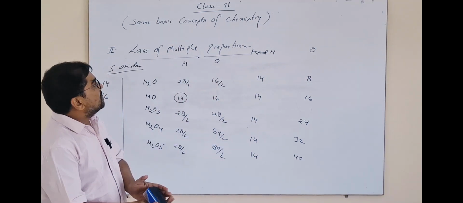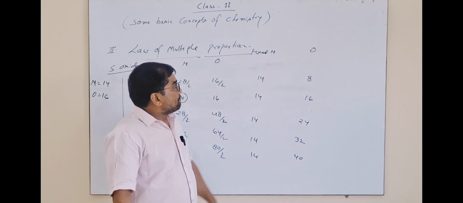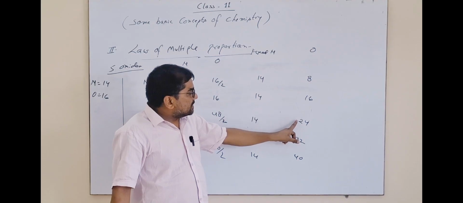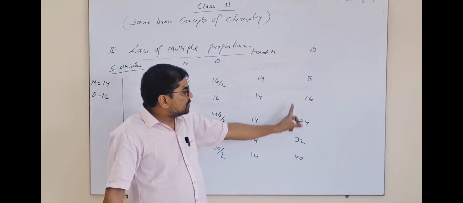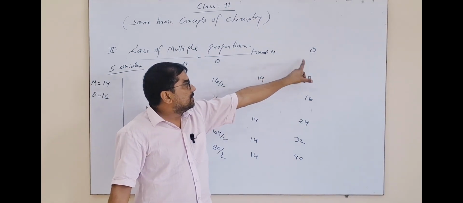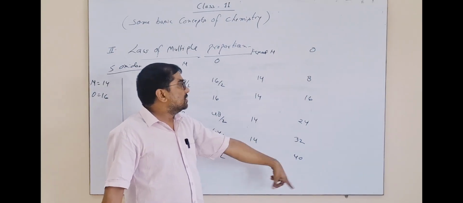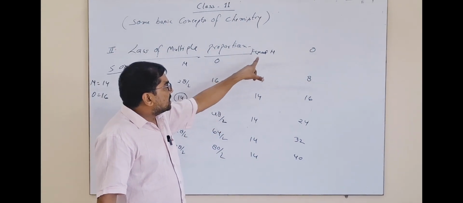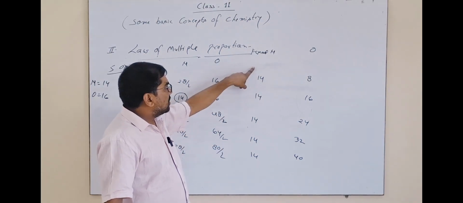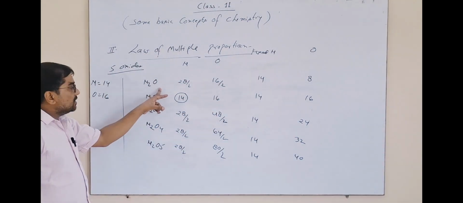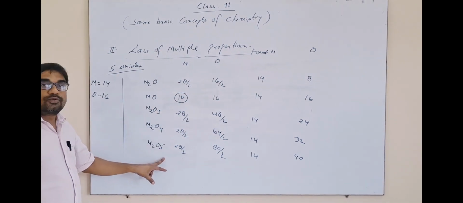So what is the law of multiple proportion? There will be a simple whole number ratio when an element with variable amount will react with another element with the fixed amount, resulting in two or more than two products.